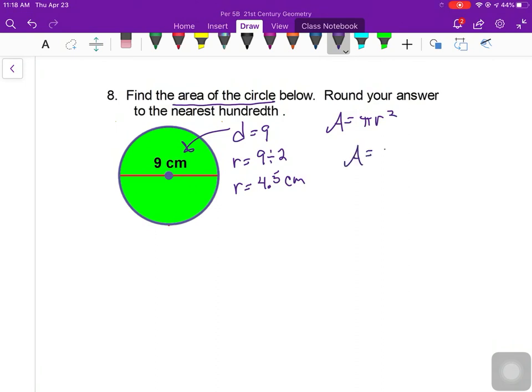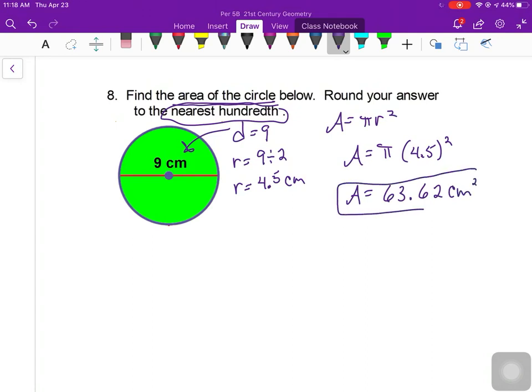We'll put that into our calculator. Area equals pi times 4.5 squared. And this time, since we're rounding to the nearest hundredth, we're going to put the whole thing into our calculator. We end up with 63.62 centimeters squared.